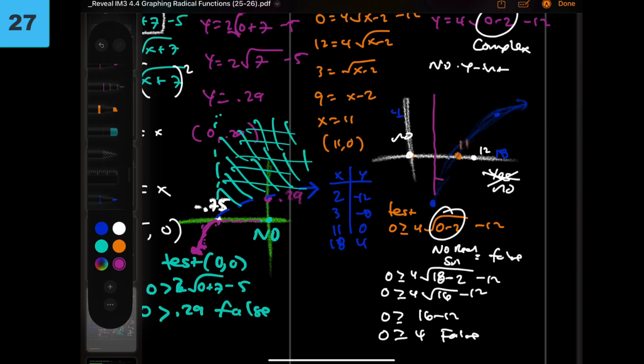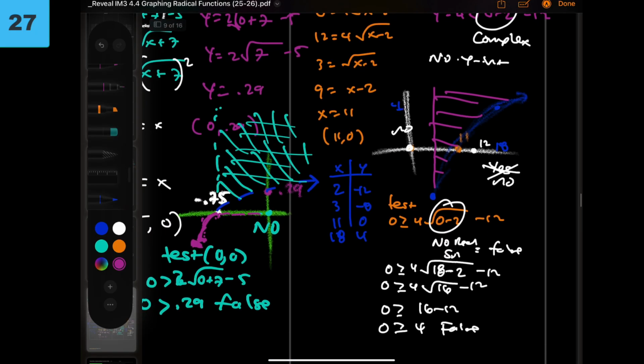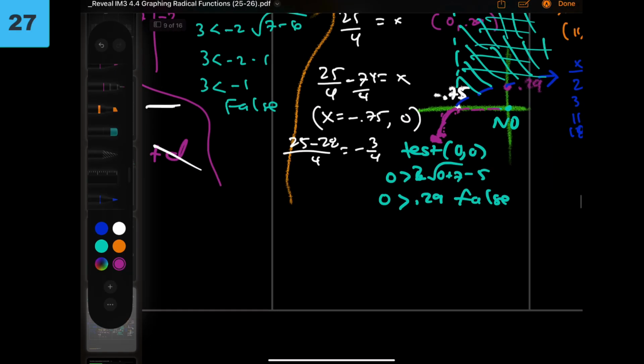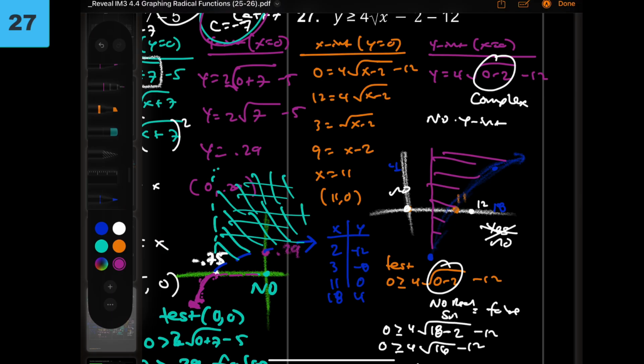So where can you go? You're going to have above. And that should make sense because it says y is greater than, so it's above. So you can test a point up there. Let's test like 11, 4. You can strategically pick a number. Yeah, 11 is fine. Let's try 11, 4. Just proving to you why that works.